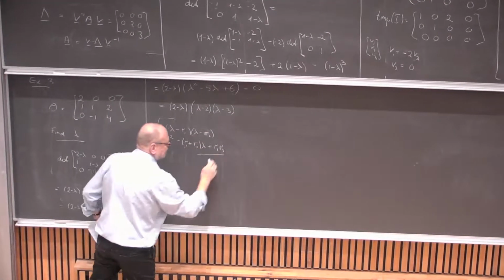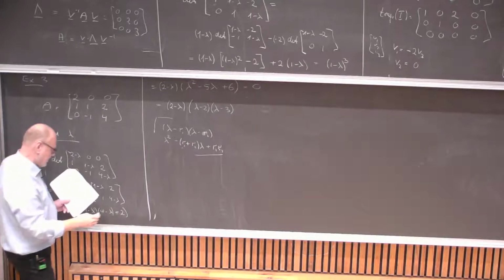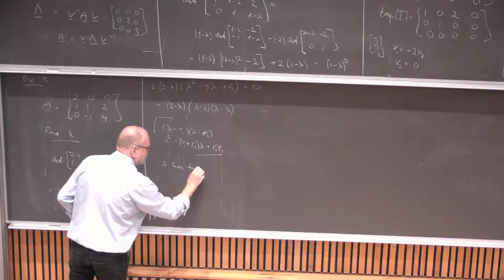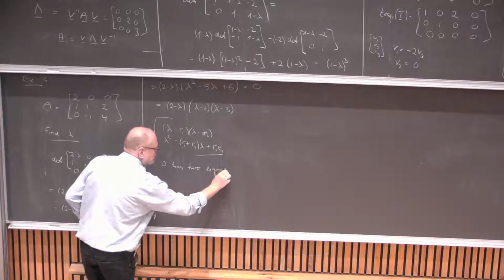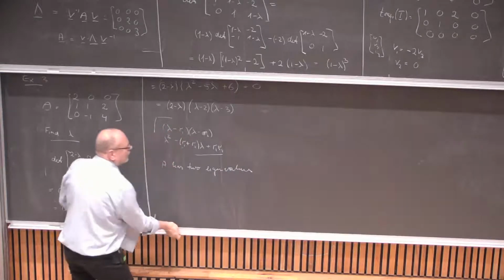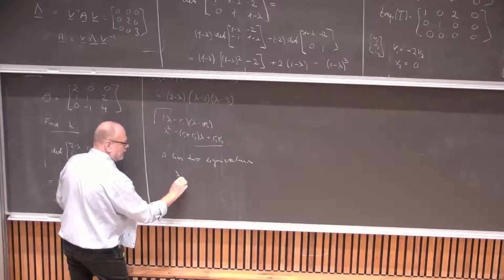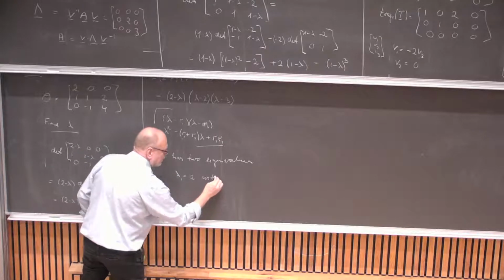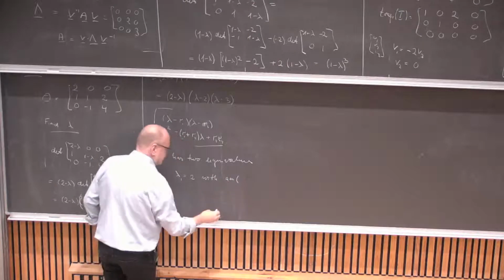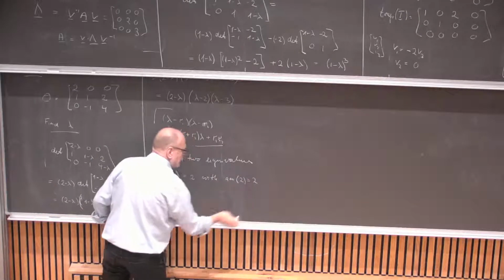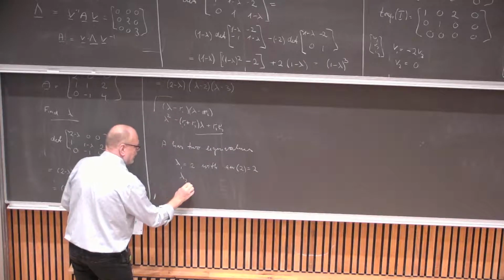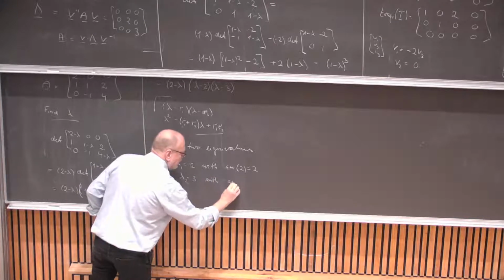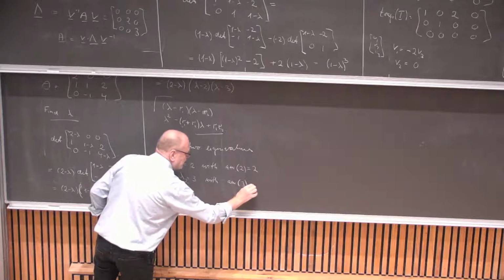So this is it, and you have that A has 2 eigenvalues, and it will be lambda 1 equal to 2 with algebraic multiplicity equal to 2, and then lambda 2 equal to 3 with algebraic multiplicity equal to 1.